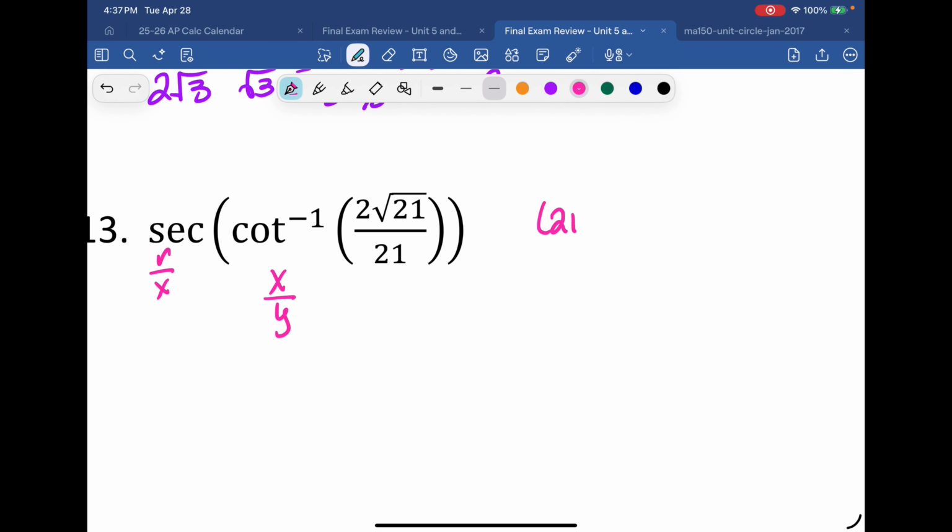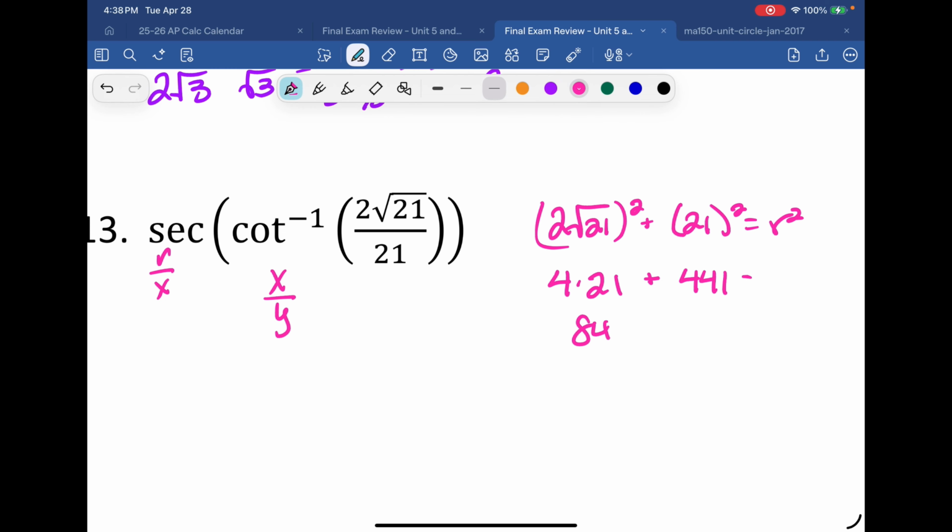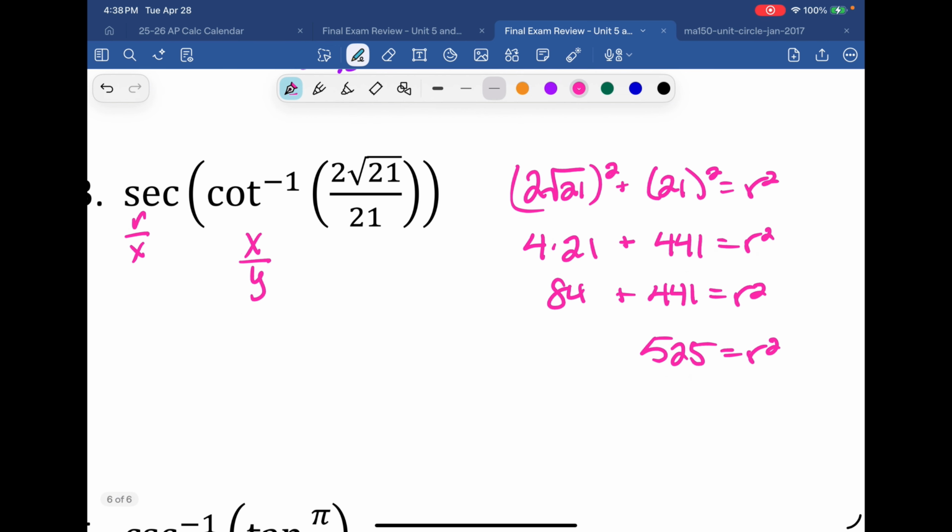Okay, x squared plus y squared equals radius squared. So this is 4 times 21, so that's 84. I don't know what 21 squared is. I think it's 441. I think that is right. So we're going to square root that.